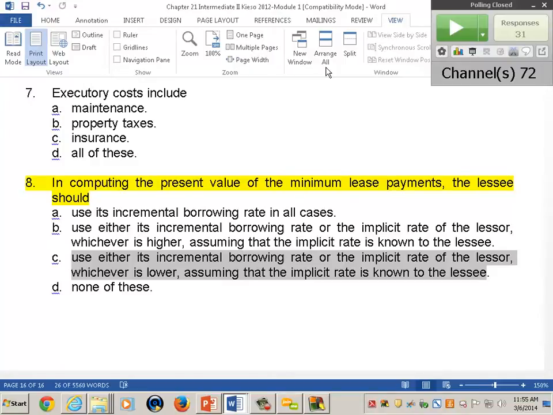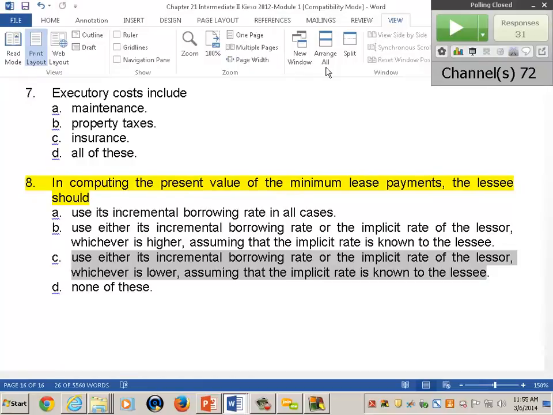So, for example, if I use a higher rate, the higher rate will result in a lower PV of the minimum lease payments and, of course, could lower the ratio.